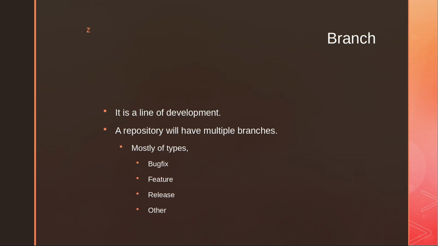If you are working on a new feature or requirement, the branch type can be feature. If you are working on a specific release related to UAT or production, the branch type can be release, and we can have other types as well. Though these branch types will not be available in all cloud hosting service providers.